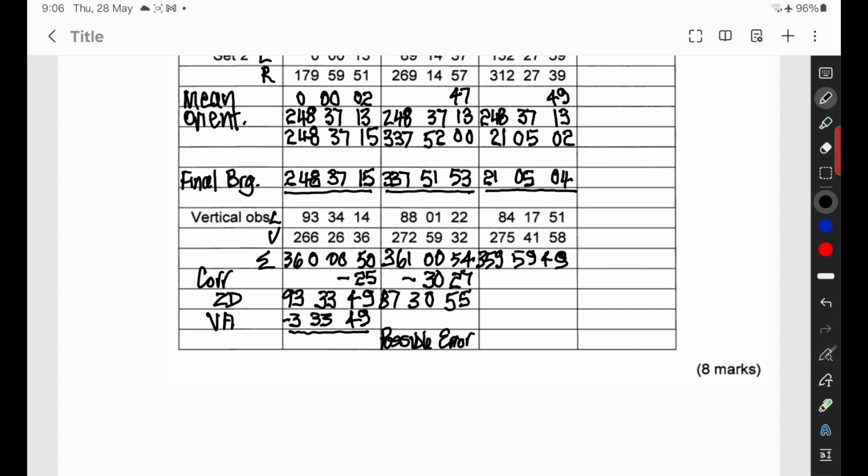And that is a vertical angle of plus 2 degrees 29.05. But definite possible error due to the mismatch there. Excess sum.